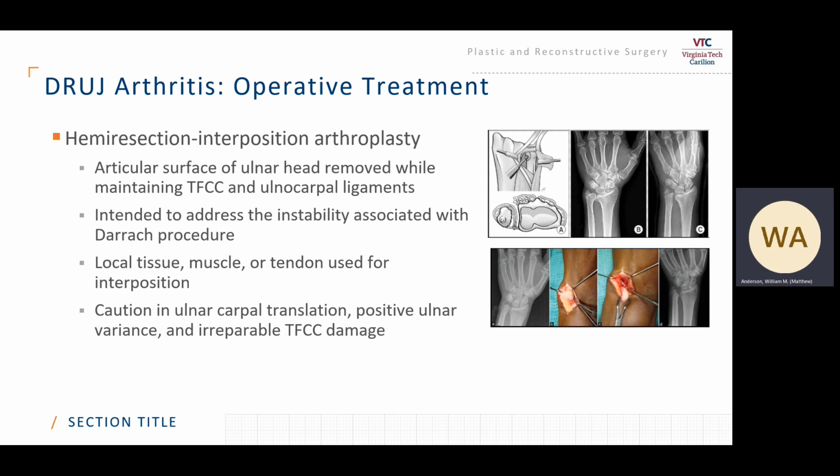Either local tissue, muscle, or tendon can be used for the interposition following resection. In this procedure, caution should be used in ulnar-carpal translation, positive ulnar variance, and irreparable TFCC damage.